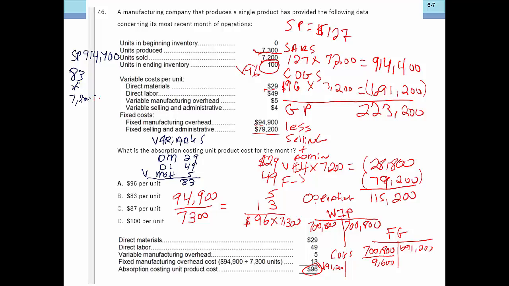So that's giving me what for my variable product cost? 597,600. Okay, so I got that 597,600.